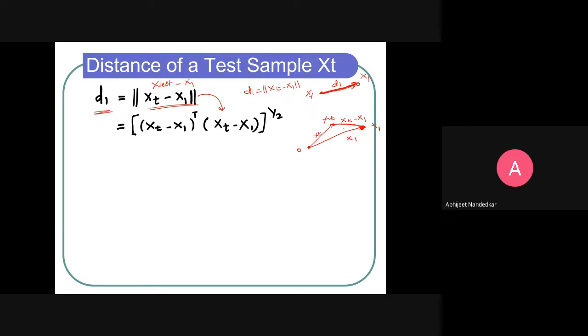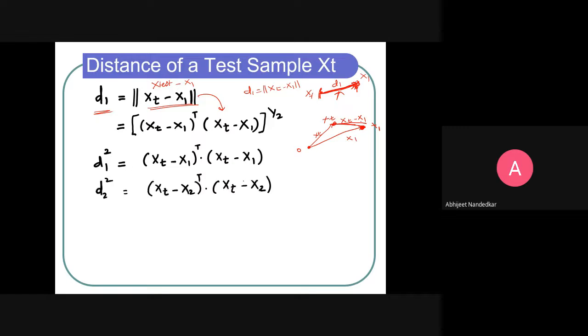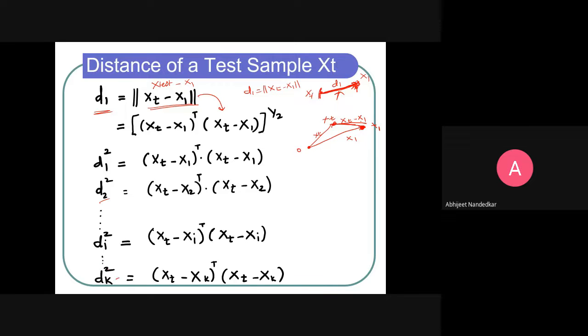So when you find out distance, actually you are finding out the norm of this particular vector. So the length of this vector is the distance. Similarly, you can find out distance with the second one, third one, and so on up to k.